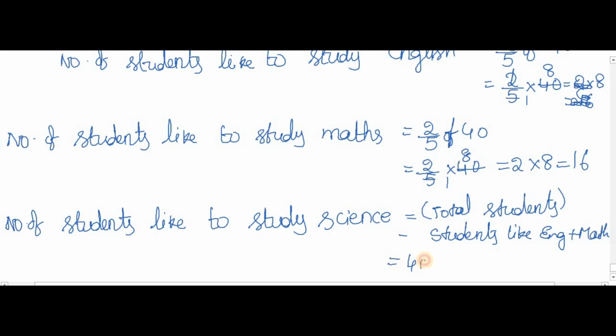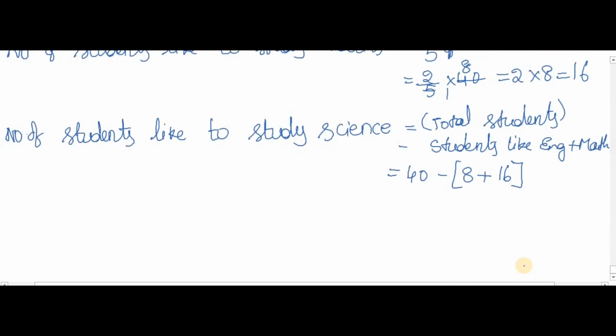So 8 students like English and 16 students like Maths. 16 plus 8 is 24.